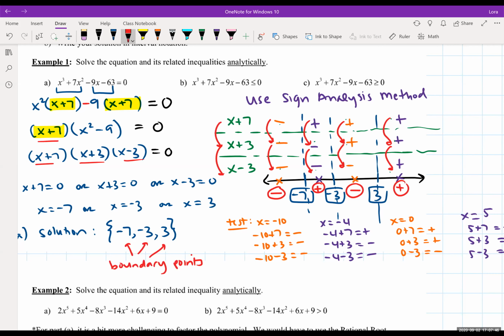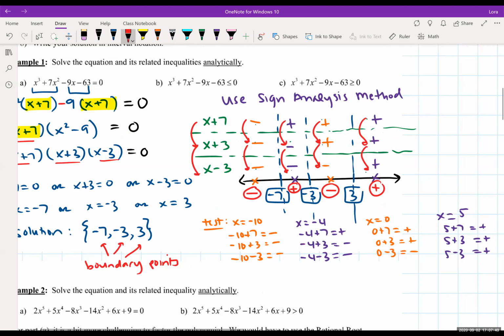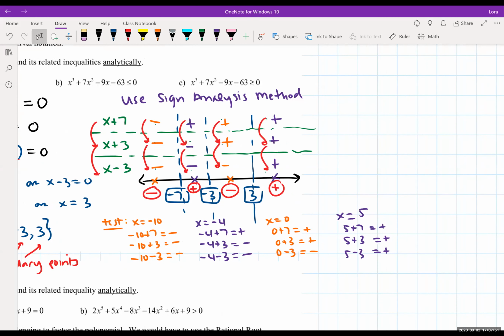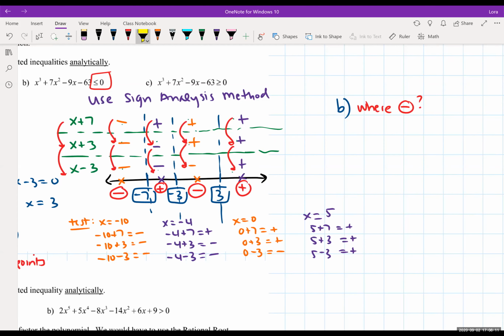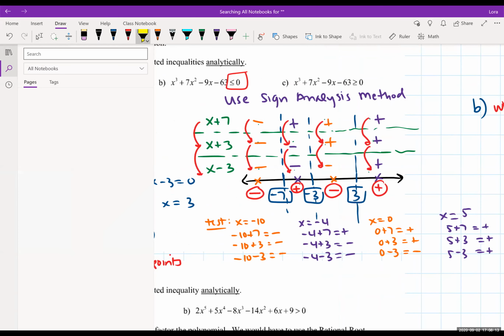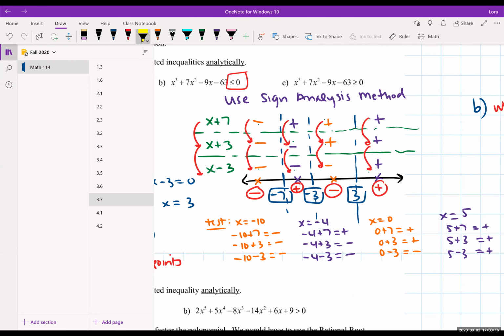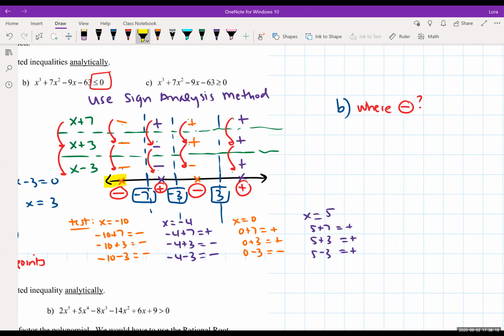So we took a lot of time on this, but now this allows us to solve part B and part C quite nicely. So solutions. For part B, keep in mind, we are looking for less than or equal to 0. We are trying to understand where do we see a negative region. So let's highlight that. I see that I have coming from negative infinity to negative 7.